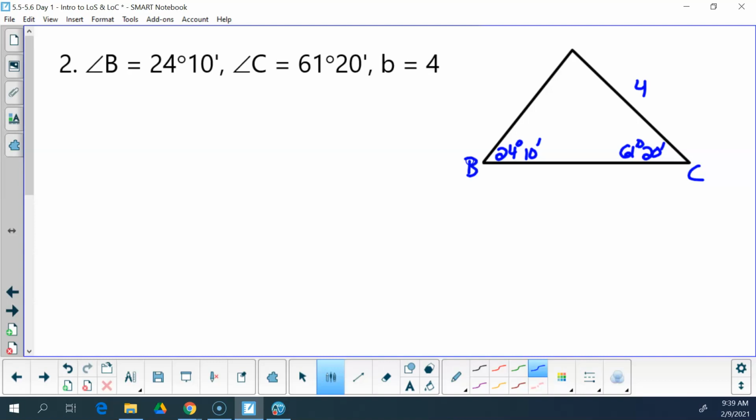Okay. So 24 degrees 10 minutes plus 61 degrees 20 minutes plus angle A has to equal 180 degrees. So that would be 85 degrees 30 minutes.